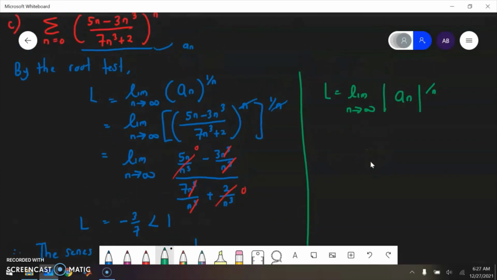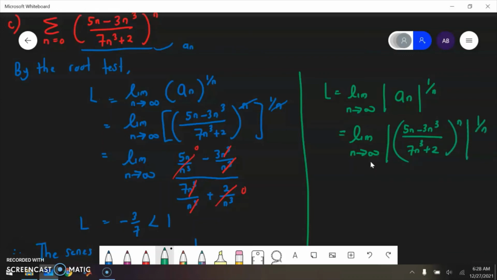Now you have to apply the absolute value to every term here. So I have 5n minus 3n cubed over 7n cubed plus 2, to the 1 over n.